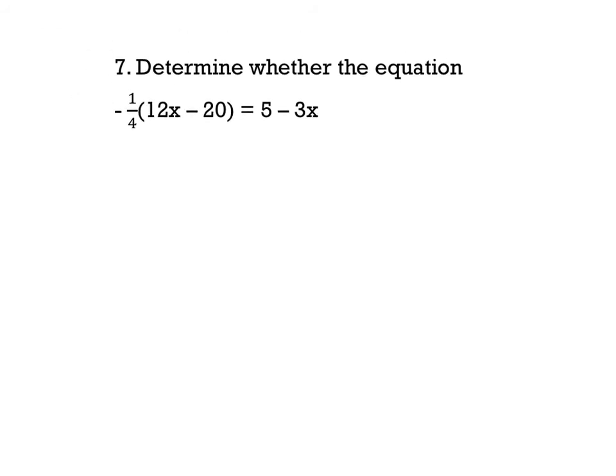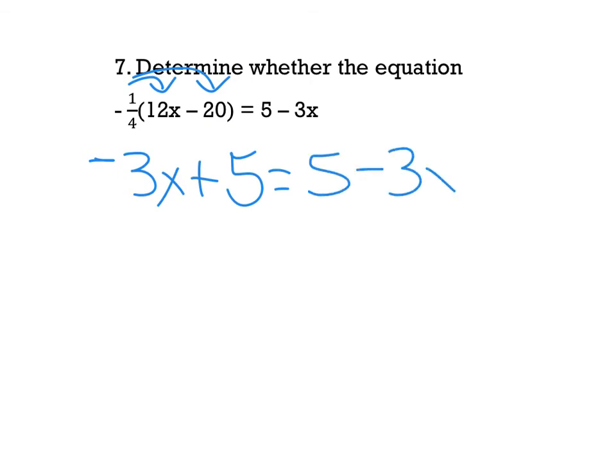Here, if I was to look at this, I would distribute and divide by a negative 4 all the way through. You could change this to a decimal if that helps you to see what to multiply better, but I know that 4 can be divided equally into 12, and 4 can go into 20. So that is going to give me a negative 3x plus 5 equals 5 minus 3x.